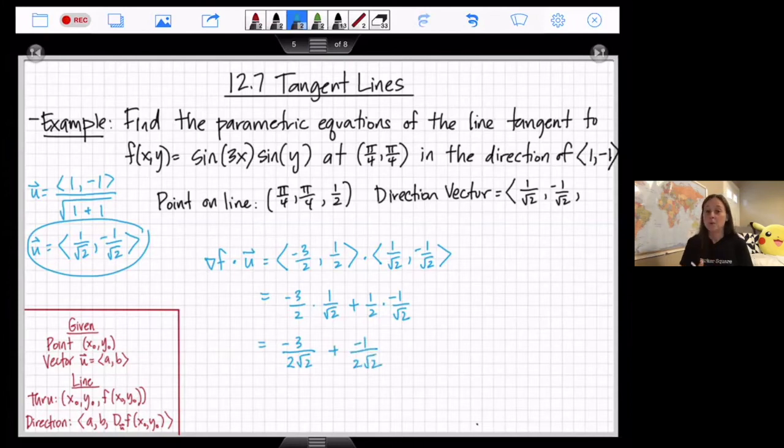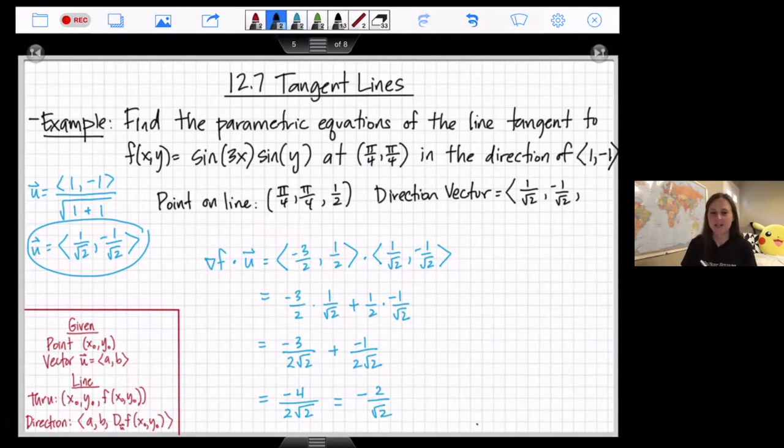Mercifully, we already have a common denominator here, so we're going to have 2√2 in the denominator. We're going to add those negative numerators, and I get -4/2√2. I can reduce the 4 and the 2 and make that -2/√2. Technically, if you reduced that, you would get the square root of 2, but I think we've had enough arithmetic of fractions today.